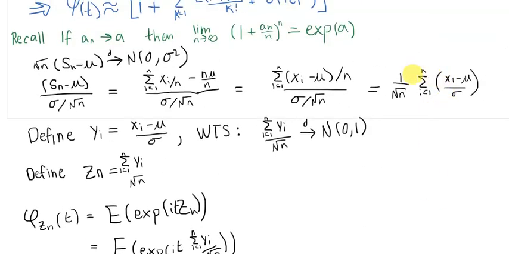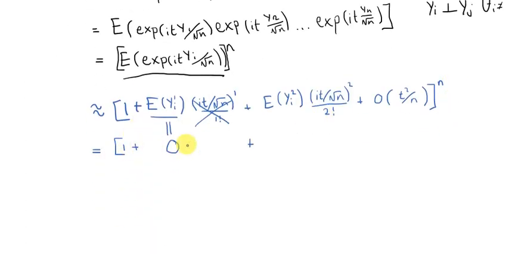Again, because we did this transformation, the variance of x is sigma squared, so the variance of y ends up being sigma squared over sigma squared, which is just 1. So we have 1 times i squared, which is negative 1, times t squared over n over 2, plus t squared over n.